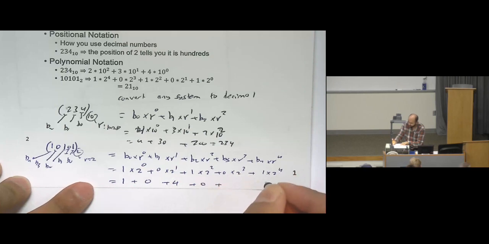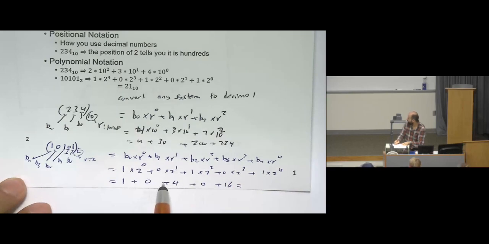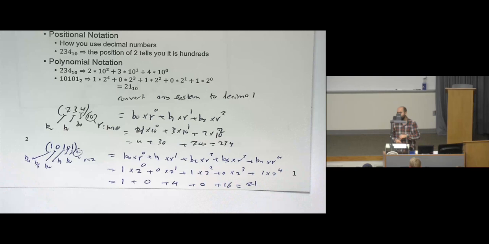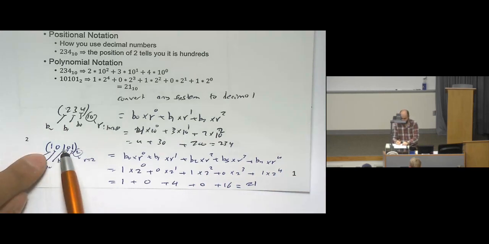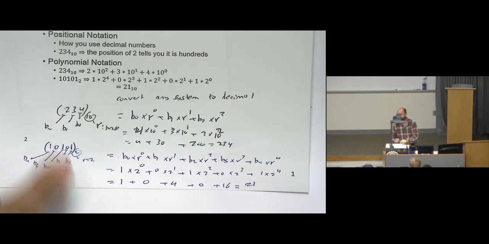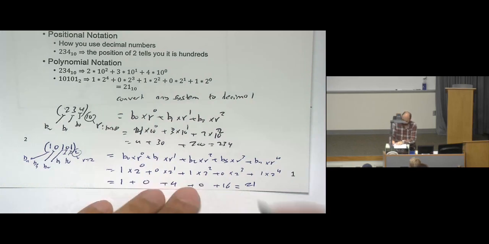Then 1 times 2 power 4: 2, 4, 8, 16. Then the answer will be 16 plus 4, 20, plus 1, 21. So 10101 in binary is actually equal to 21.